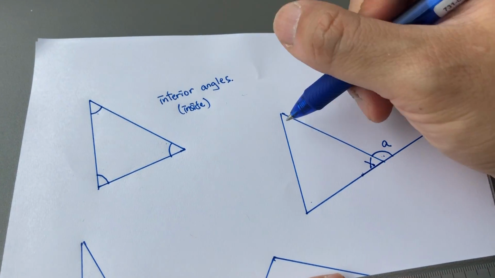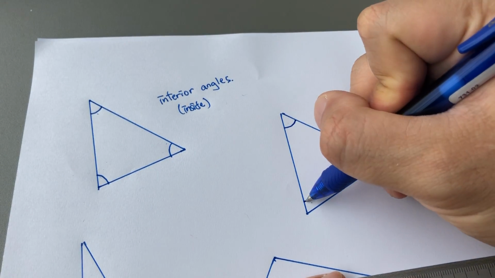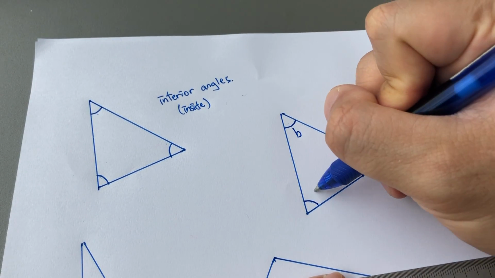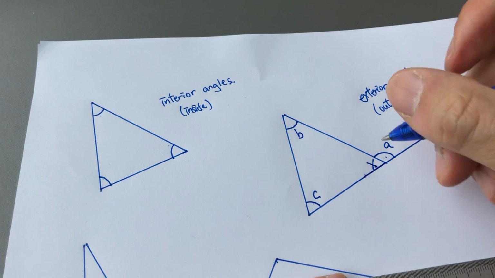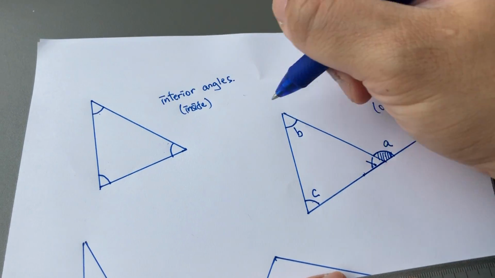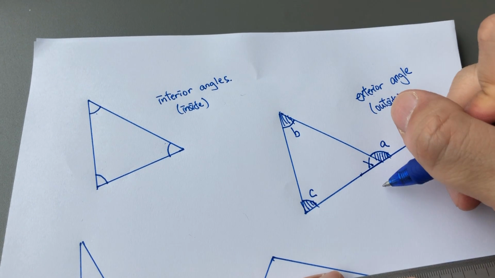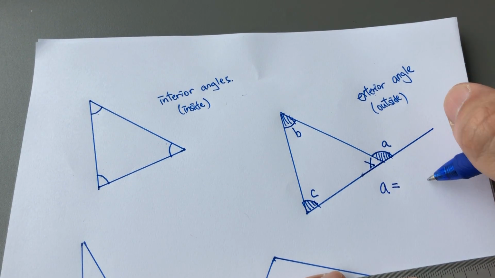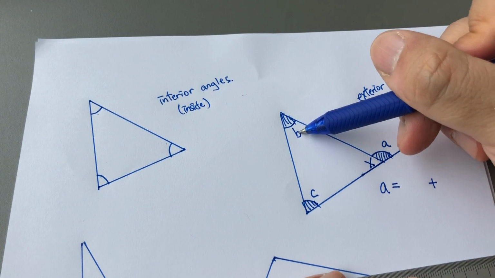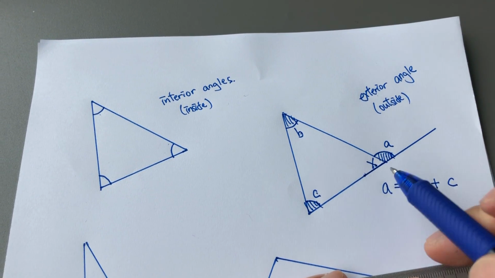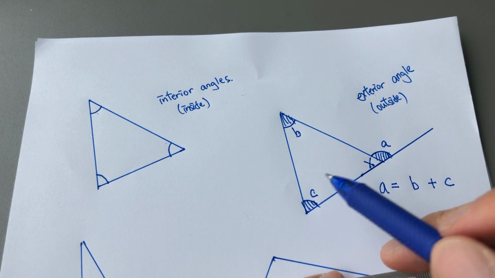But we need the other two interior angles. Let's call them B and C. Then the relationship is that the exterior angle A will be equal to the sum of the two interior angles, B and C. A equals B plus C.